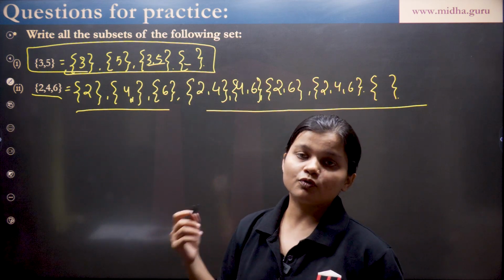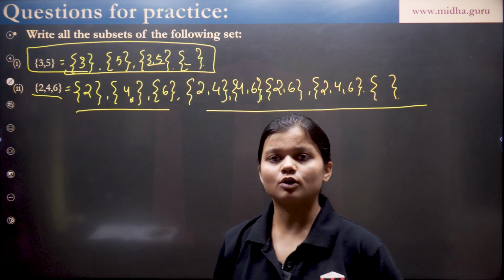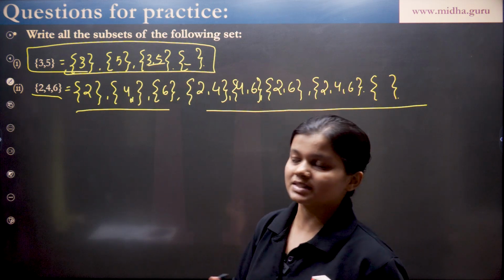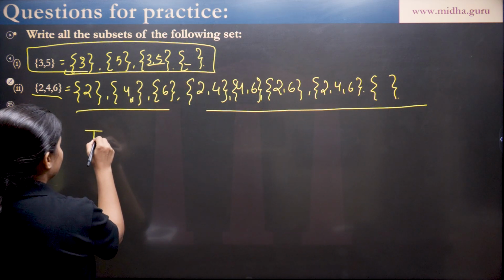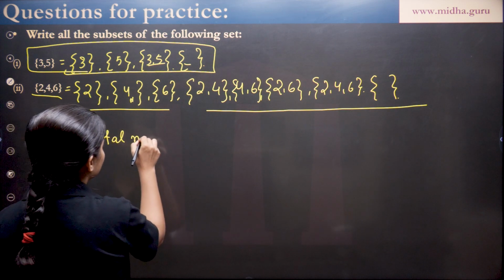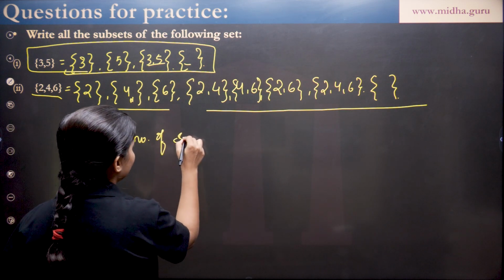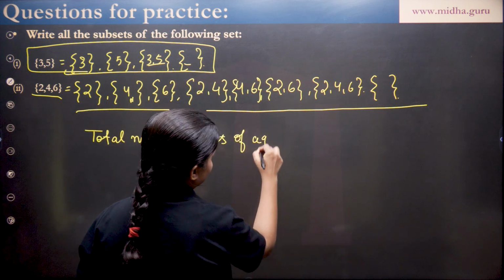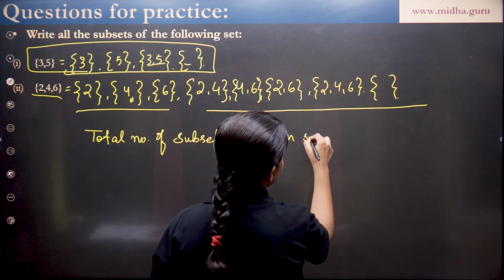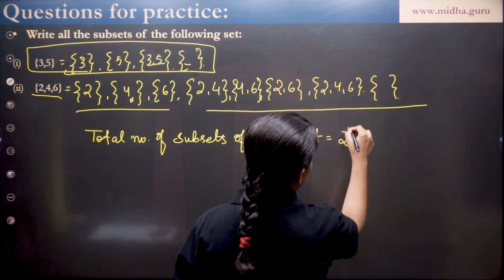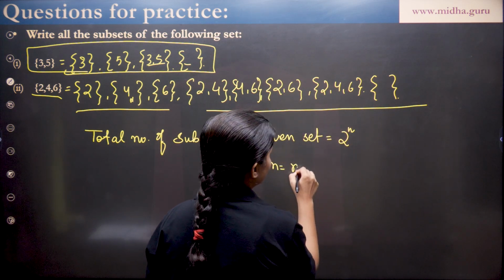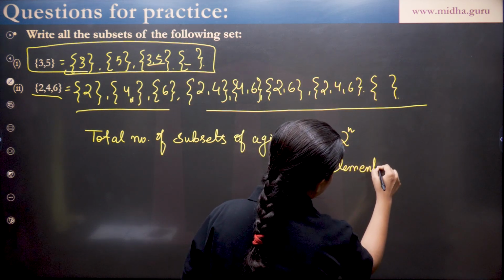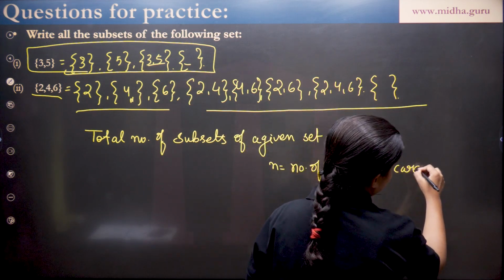To find the total number of subsets of a given set, we can easily calculate: the total number of subsets of a given set is 2 to the power n, where n is the number of elements, or the cardinal number.